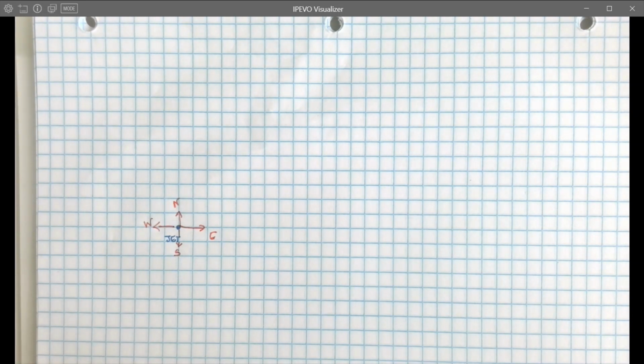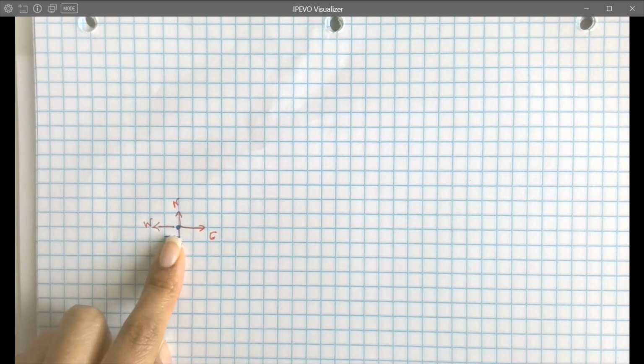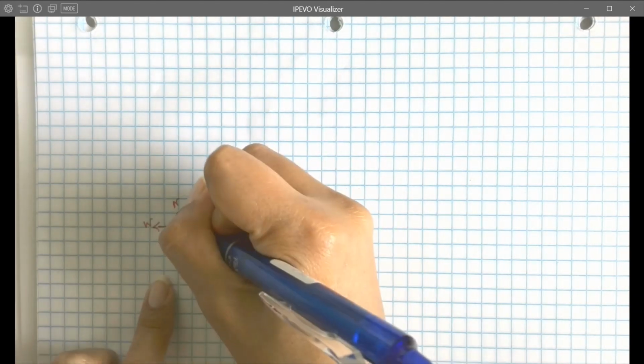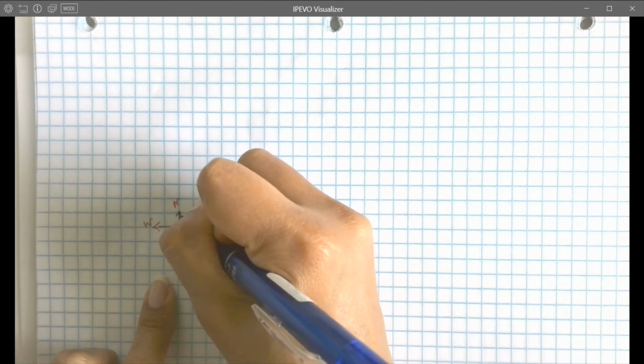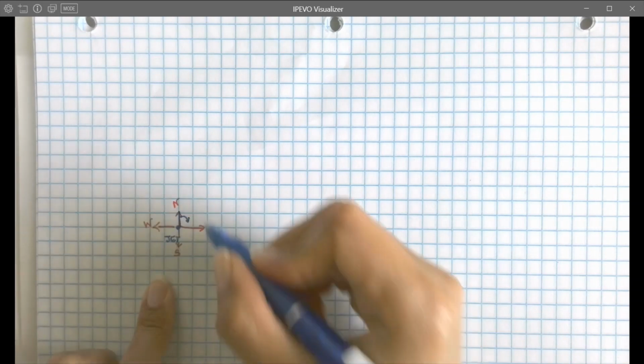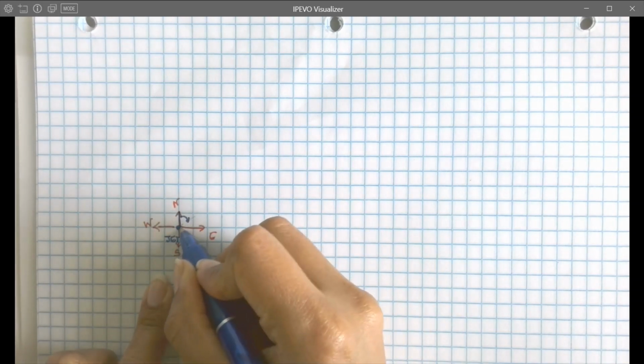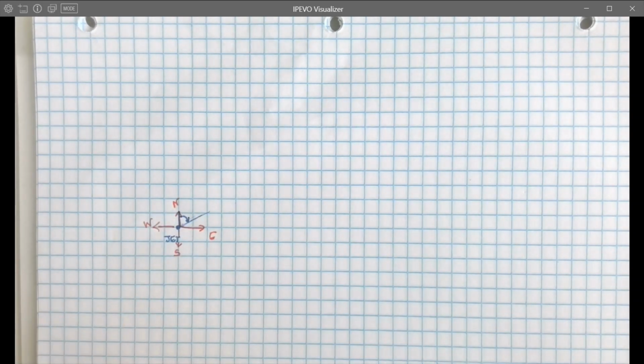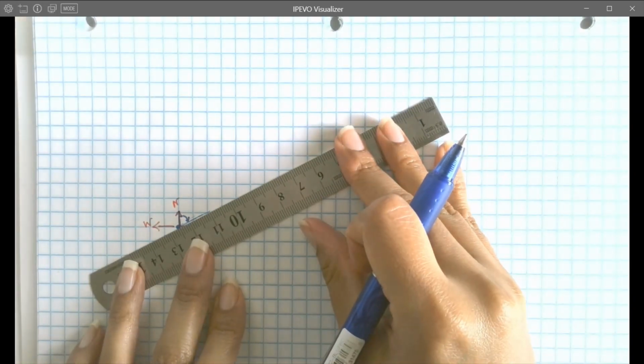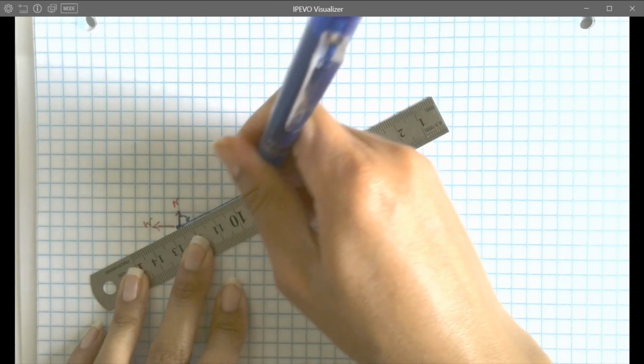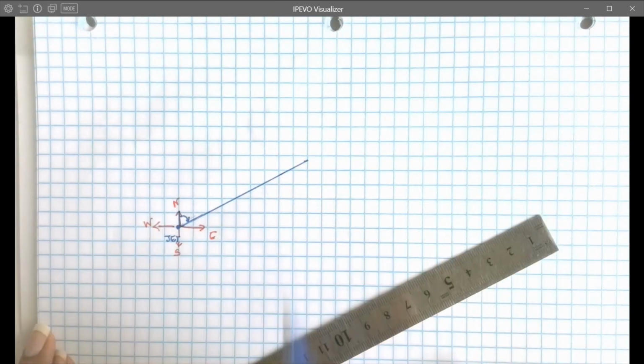Now remember, whenever they don't specify the initial direction and the direction in which it is moving, that means that we start at north and move towards east. So starting at north, moving towards east 60 degrees 10 minutes, we'll approximate it to be somewhere here. Okay, so the UFO is traveling somewhere in that direction.